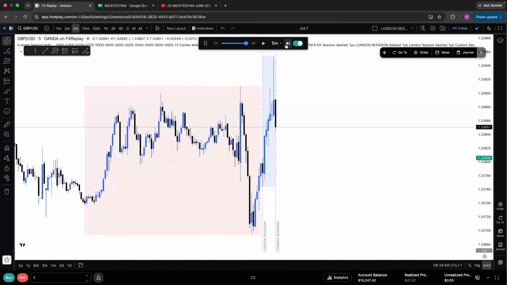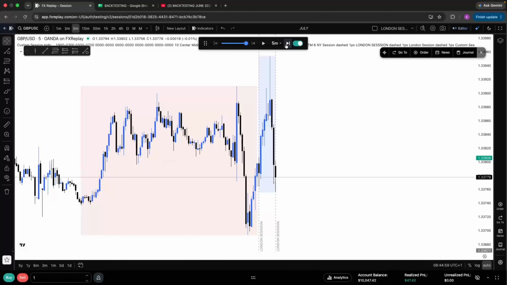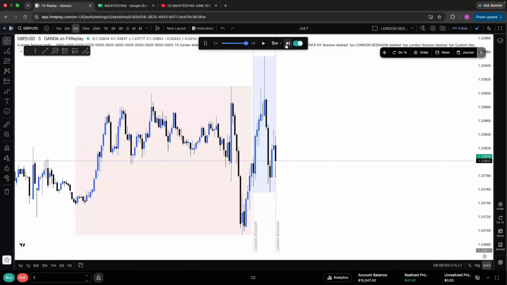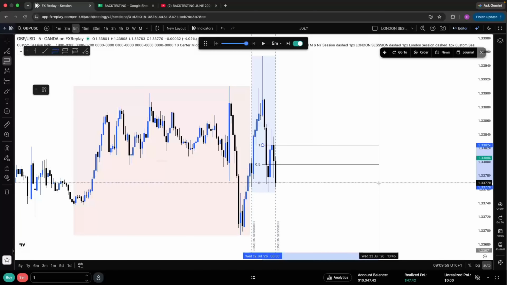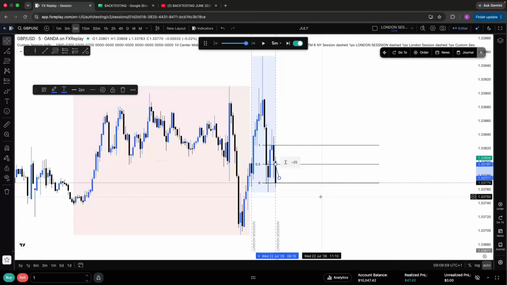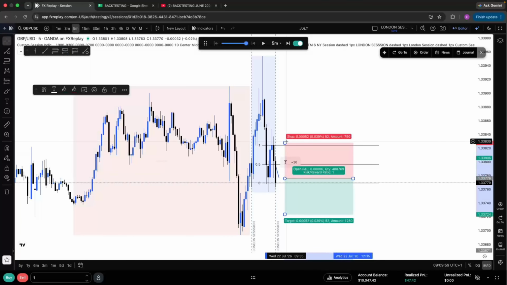London session creates a high, creates a low, creates another low. Break of structure to the downside. 20, 72, so 92.